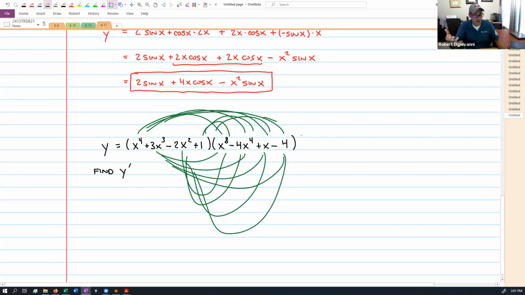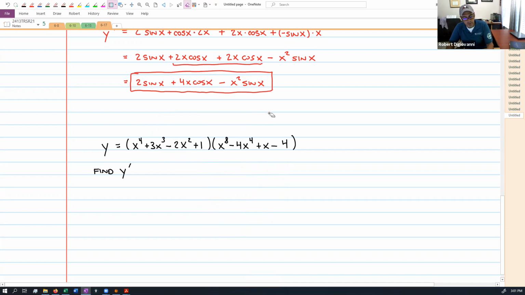You could do that. But you could also realize that you have multiplication between two things, so you could treat this whole thing like F and this whole thing like G, and then just use the product rule.